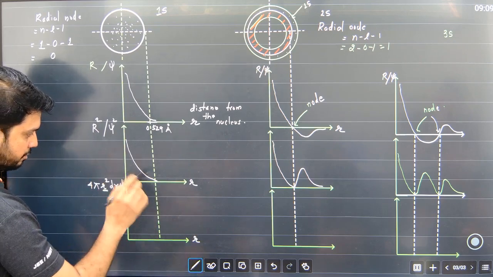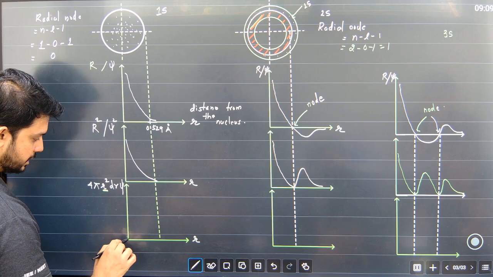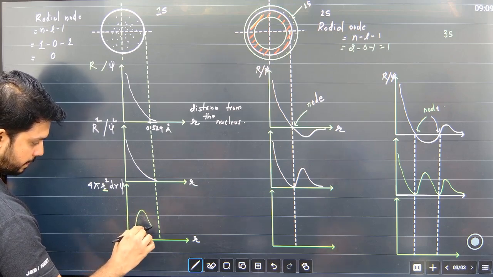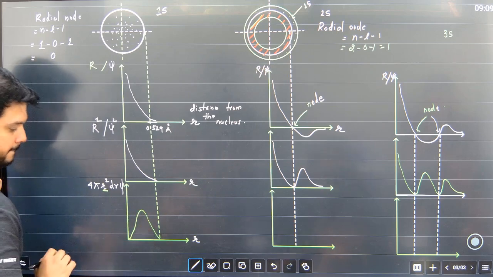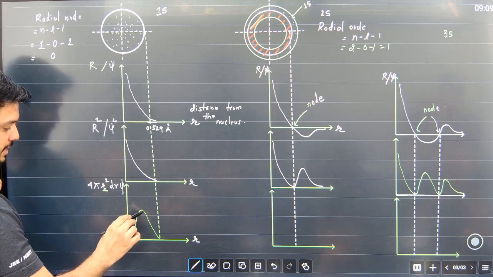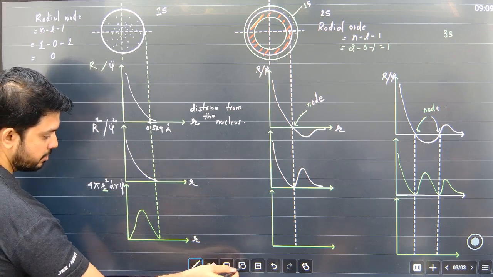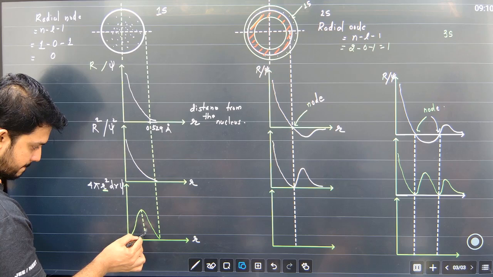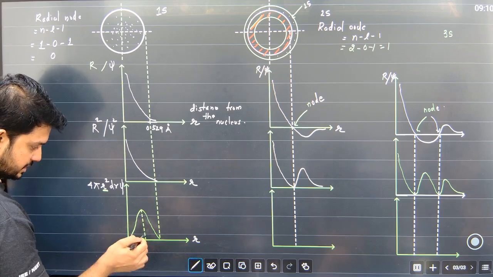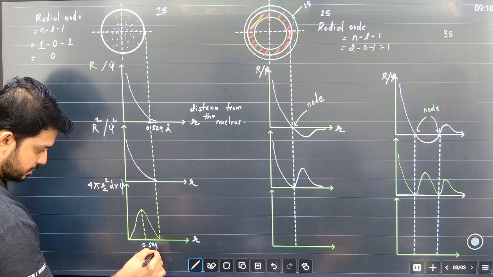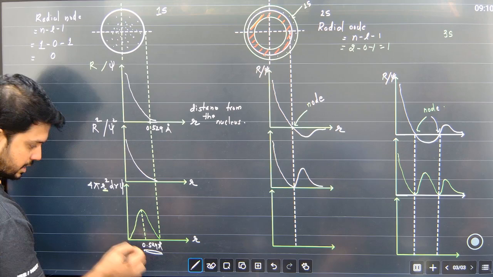For the first plot, it looks something like this. The probability to find the electron first increases, and then as you start moving away, it starts decreasing. This point over here is actually 0.529 angstrom.